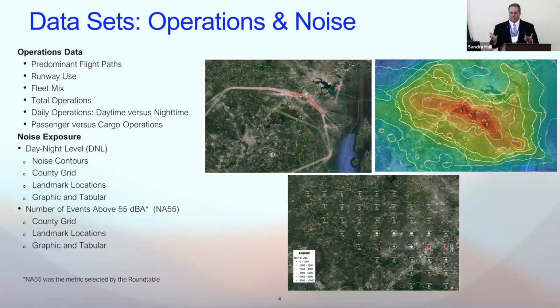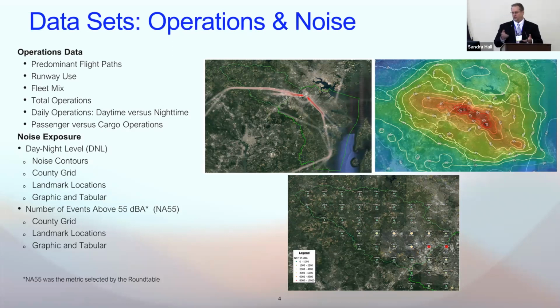These are the data sets that we usually look at. We get predominant flight paths. The top left slide shows a contouring of, it's not really a contour, but it's a heat map of where the most dense tracks are.